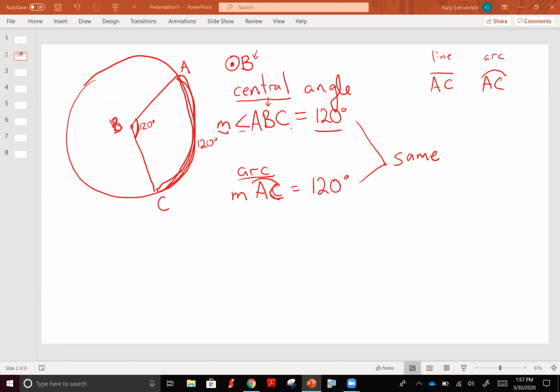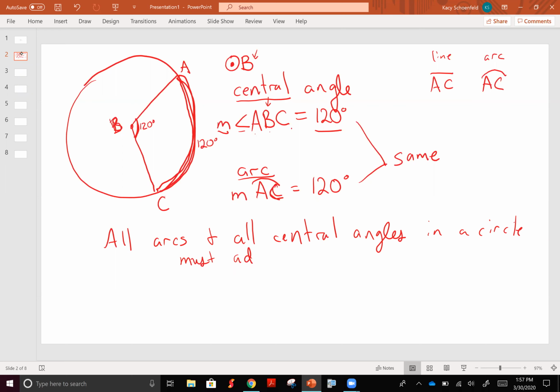Okay, so all arcs and all central angles must add up in a circle, must add up to how many degrees are in a circle?